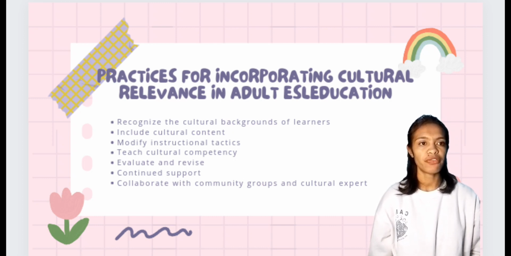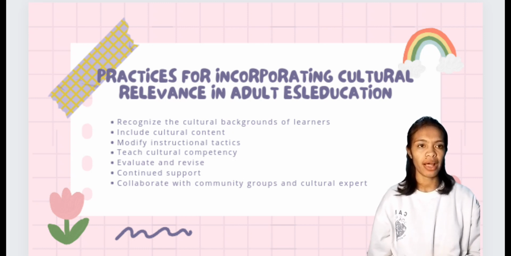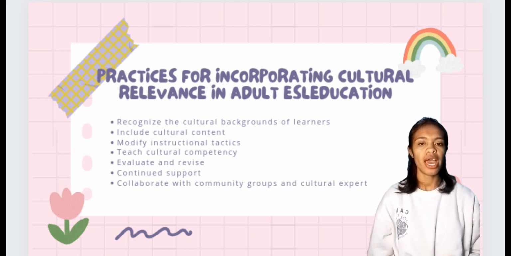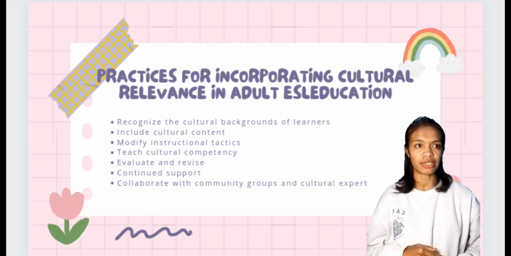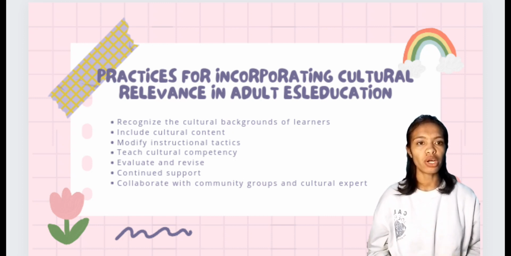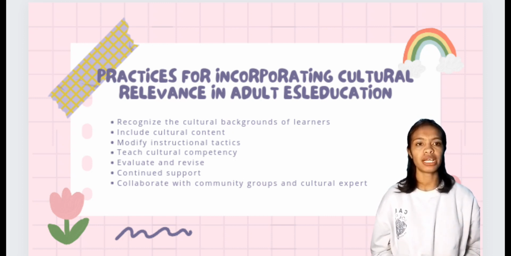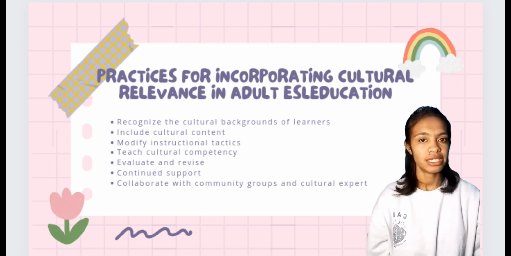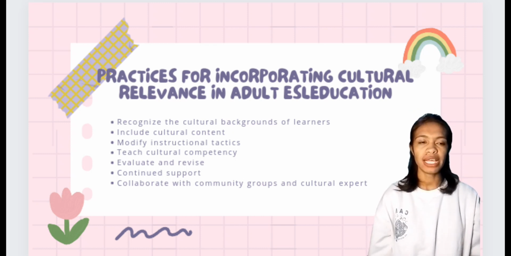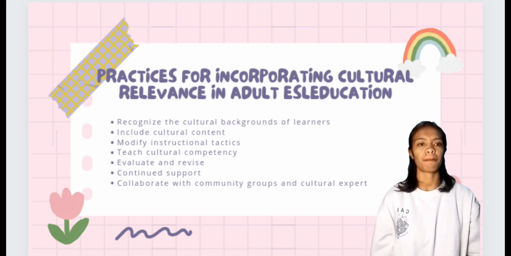Giving students from different cultural backgrounds access to the curriculum can help them relate to and understand it better. This can include works of art, music, literature, history, or other cultural expressions.